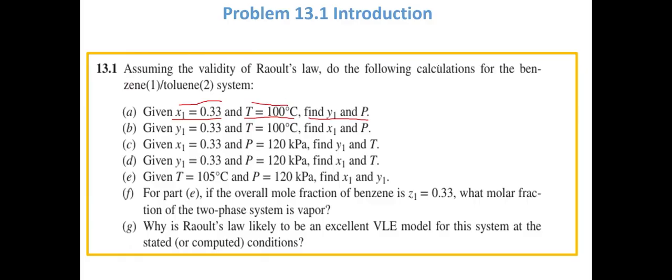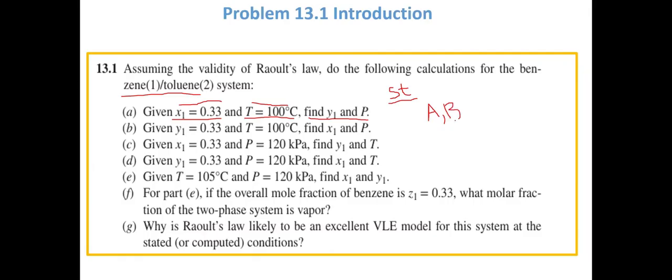Here the components are benzene and toluene. So we are clear that we cannot use the steam table, because the steam table is only used for water. What we can use here are the Antoine constants to calculate the saturation pressure.